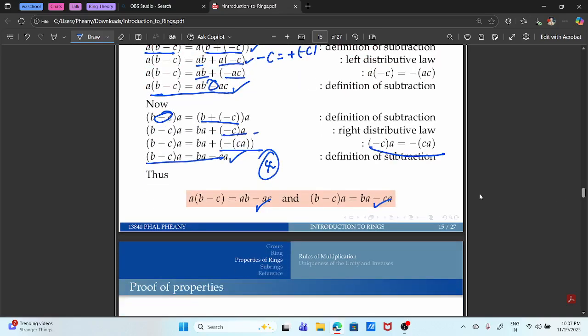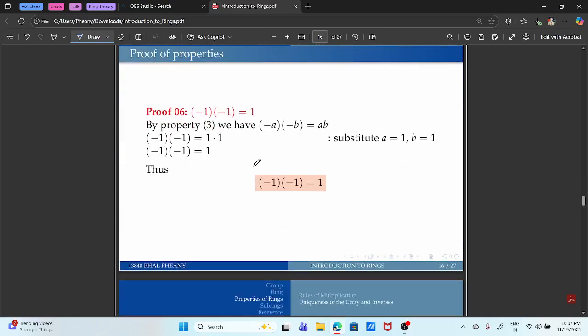Now we move to the next proof. The next proof is very easy. We have to prove property 6. Property 6 states that minus 1 times minus 1 is equal to 1. We use property number 3. What does property number 3 say? Minus A times minus B equals AB.